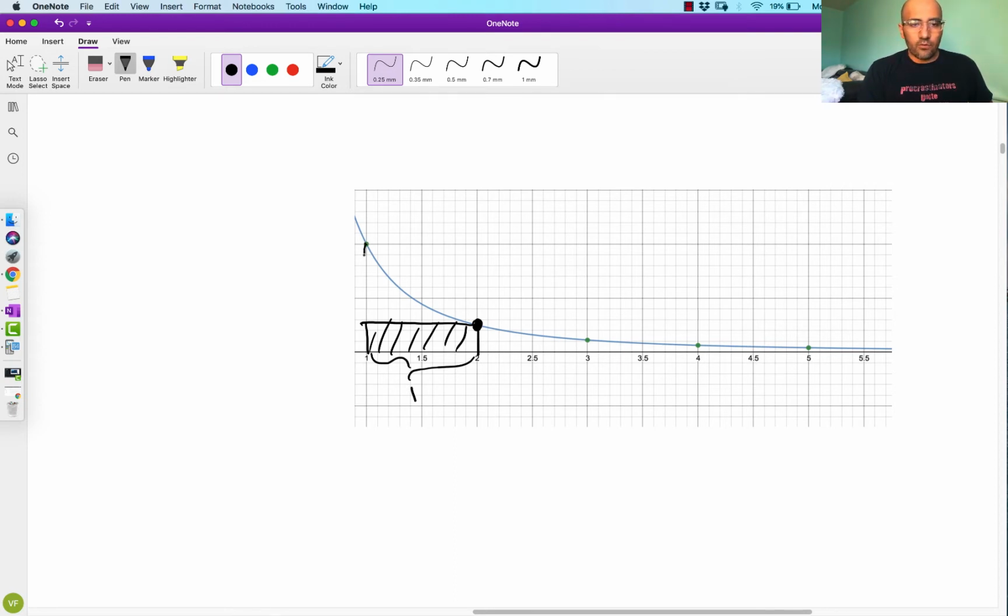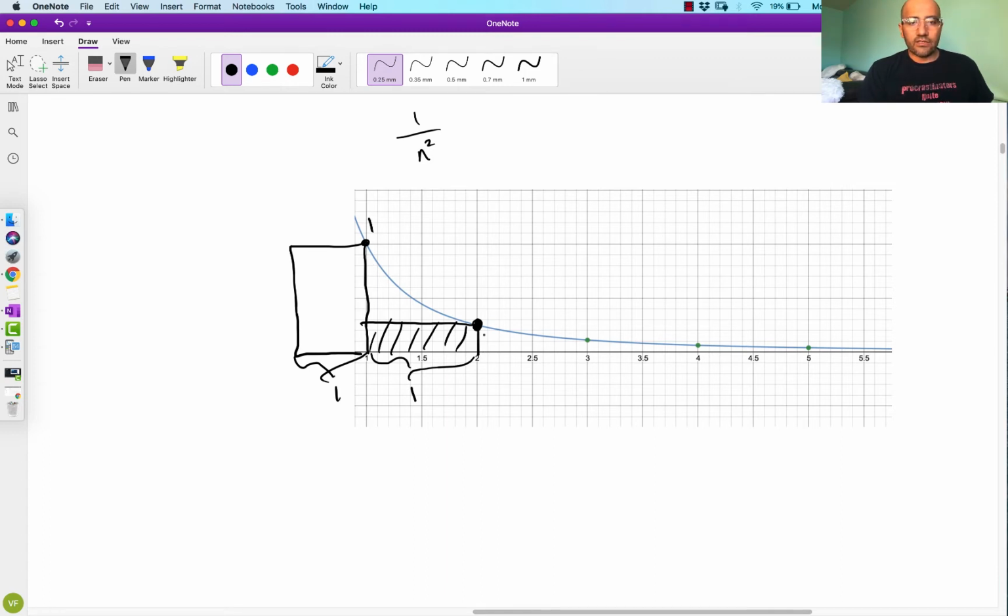I also want to come over here and do it here. Now I know I cut it off, but I want to go this way like this. And then this is also going to be a 1. The base is 1, and the height is equal to the value of the function. So remember that this is 1 over n squared. So when n equals 1, this is just going to be 1, a height of 1.